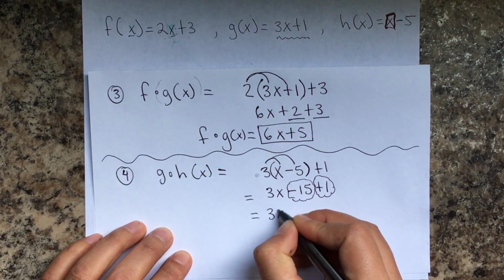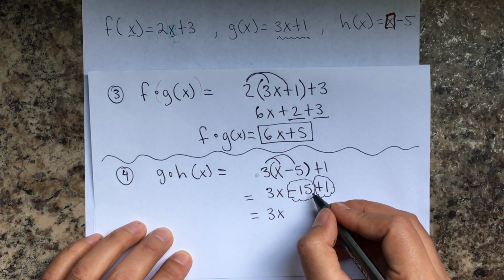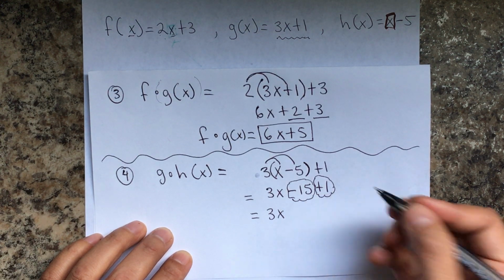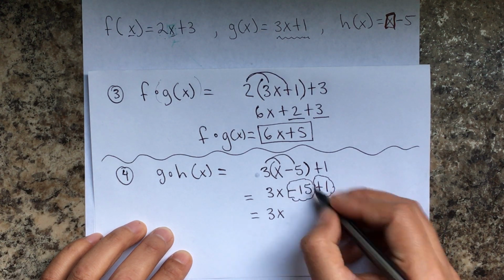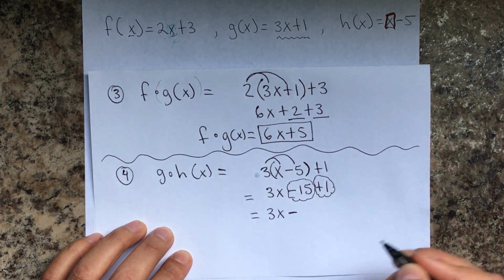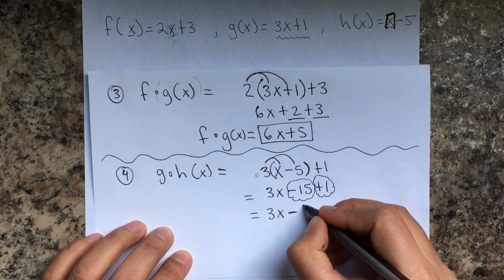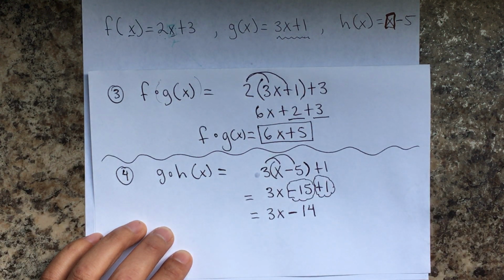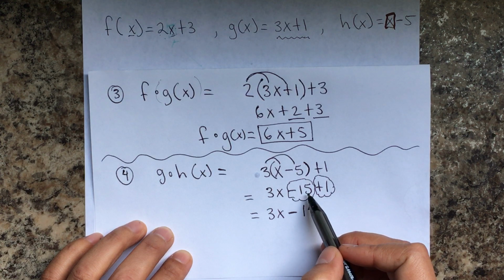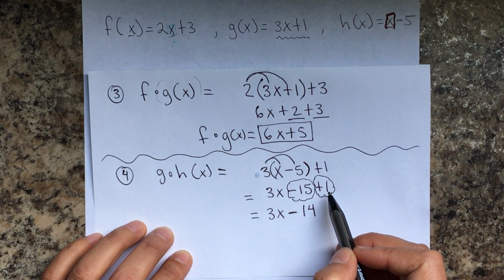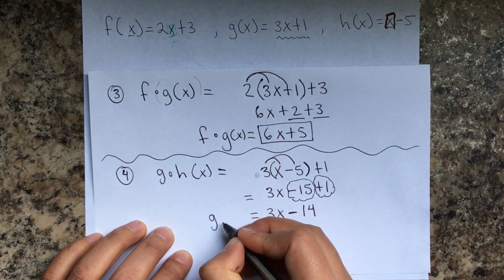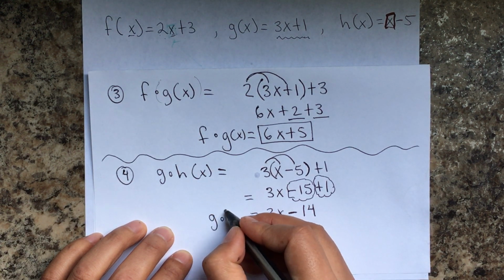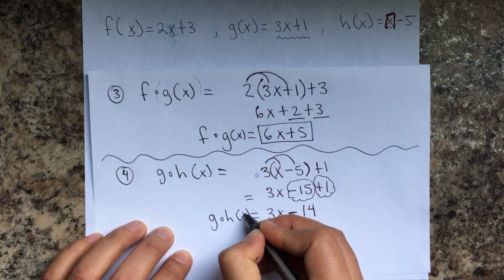And so we get 3x, negative 15 and positive 1. That's subtraction and leave the sign of the greater one. So the greater one is a negative, and 15 minus 1 is 14. If you see it as money, then you owe $15, but you pay $1. And so that's going to be g of h of x, I guess.